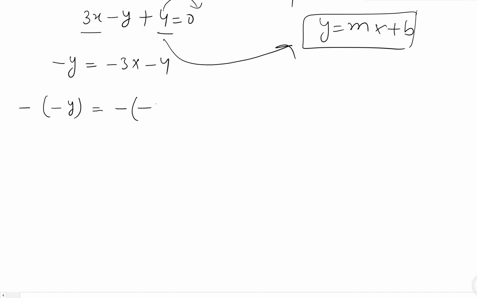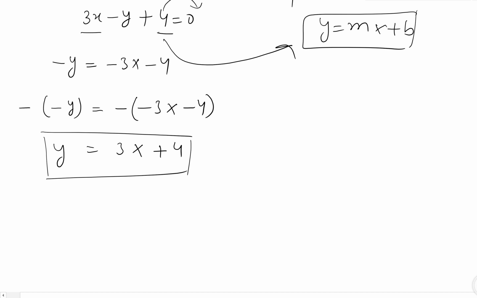When you put a negative sign in front of a bracket, it changes all the signs inside. This negative goes in, and then this negative goes there. Plus 4. On the left side, we have two negative signs, so y equals that is the equation of the line.